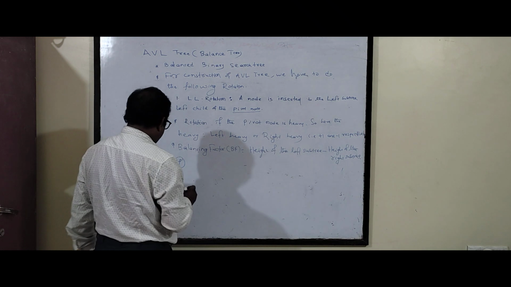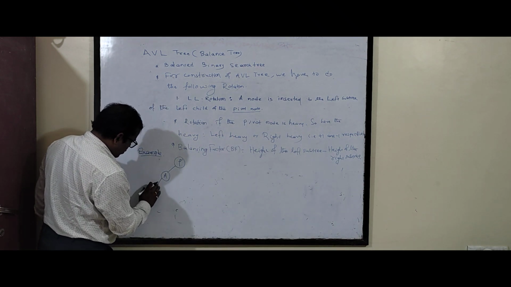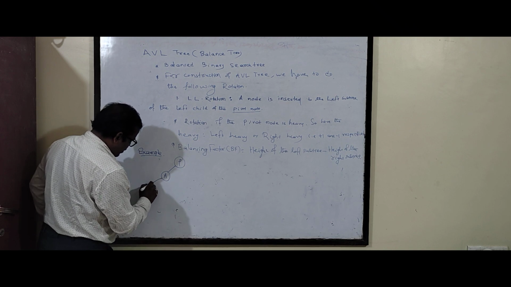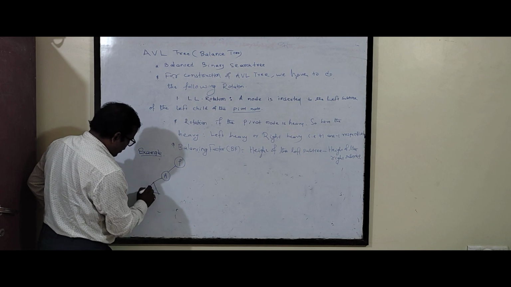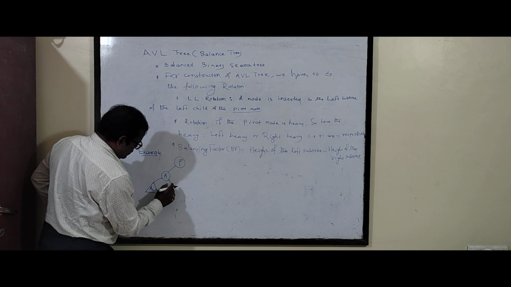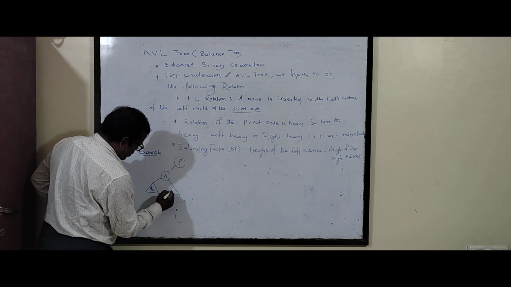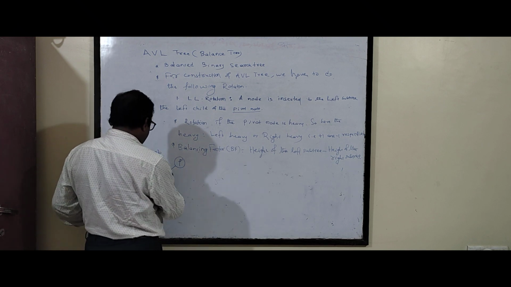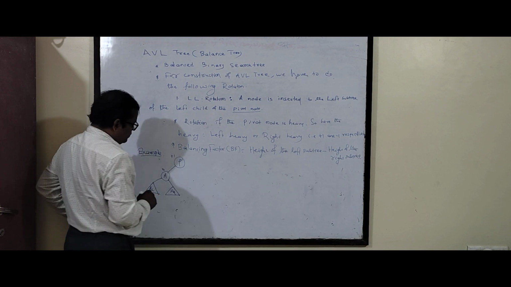Let this be the left subtree of node A, and let this be the right subtree of node A. So the balance factor here is 0 and this is plus 1.